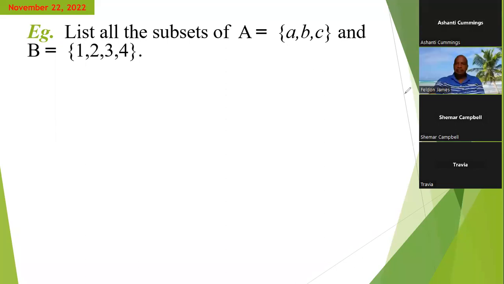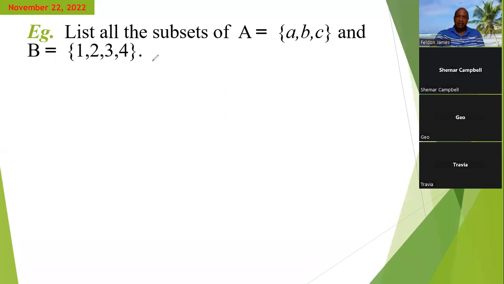All right, guys. All right, Miss Cummings, you ready? Yes, sir. All right, tell me your list. Let me write them down for you. Which one do you have first? So I have 1 by itself. All right, so 1 by itself.